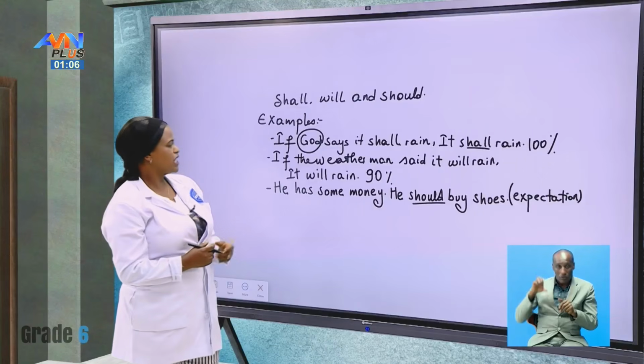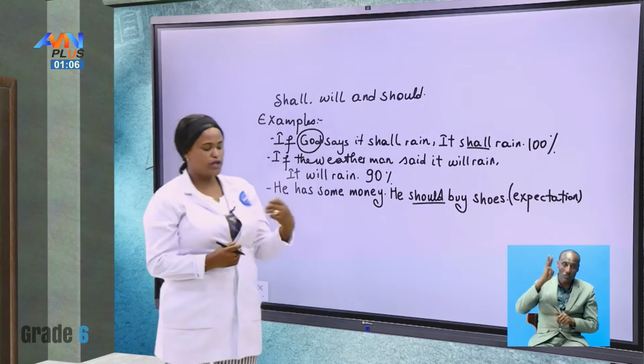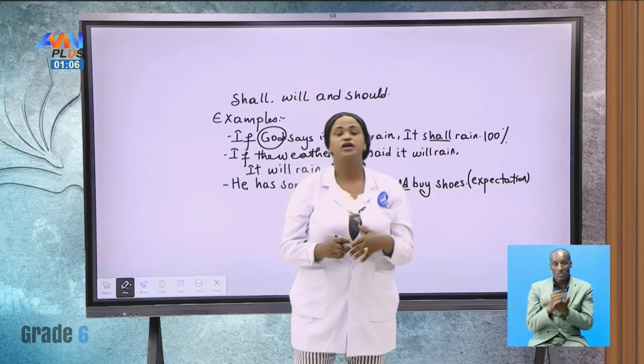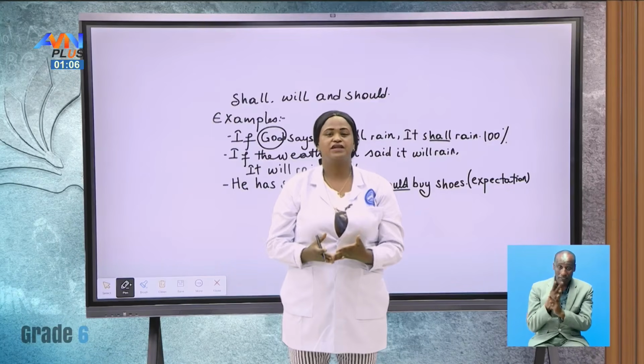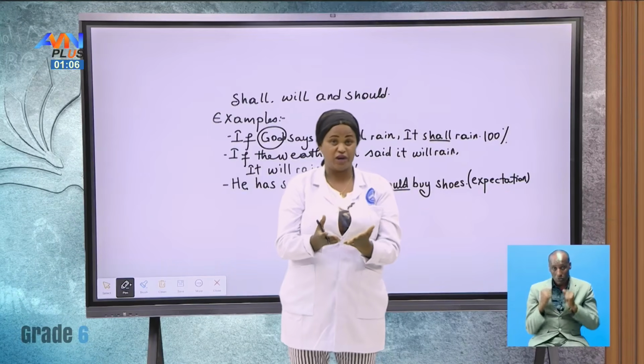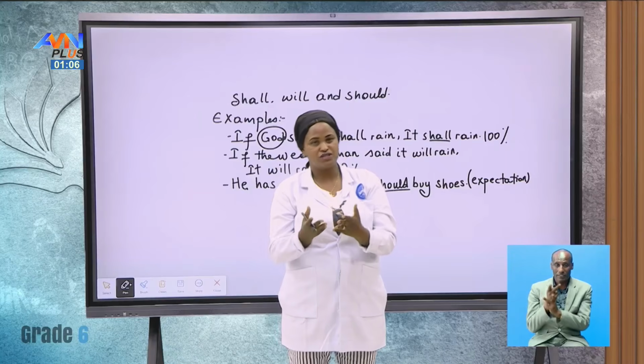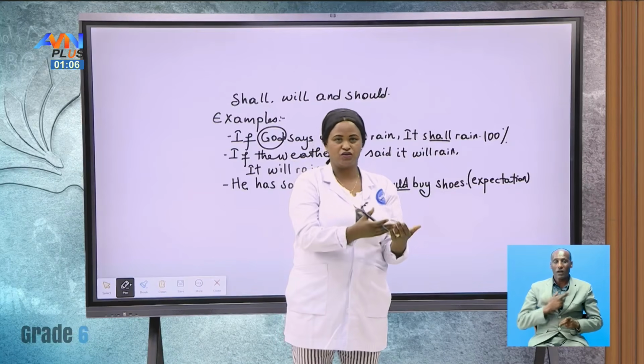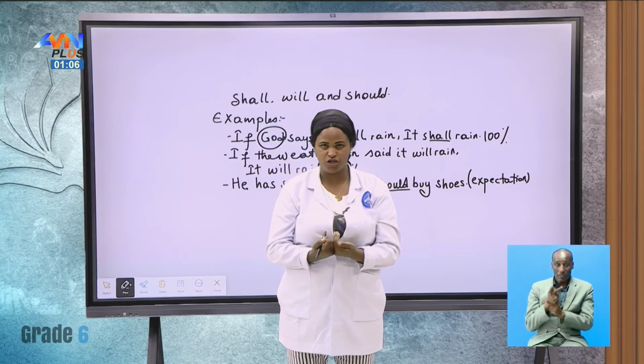And when we come to the third one, should, when you use should for future possibilities, it is for something that you expect. So what do we call it? A possibility that we expect, or it is our expectation.